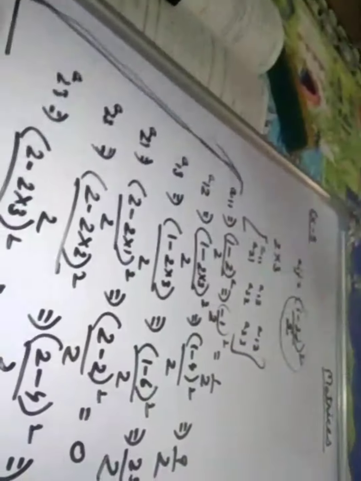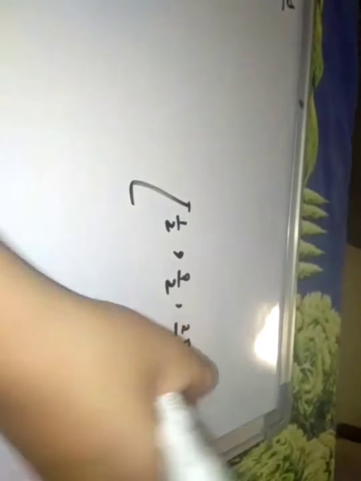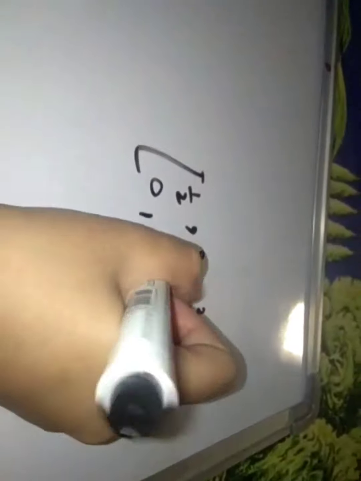Here I have made all the entries in this form. So this is our required matrix: 1 by 2, 9 by 2, 25 by 2, 0, 2, 8. So now let's see example 6.